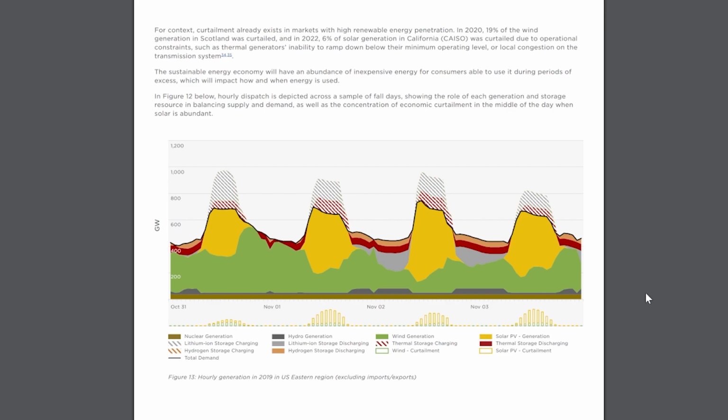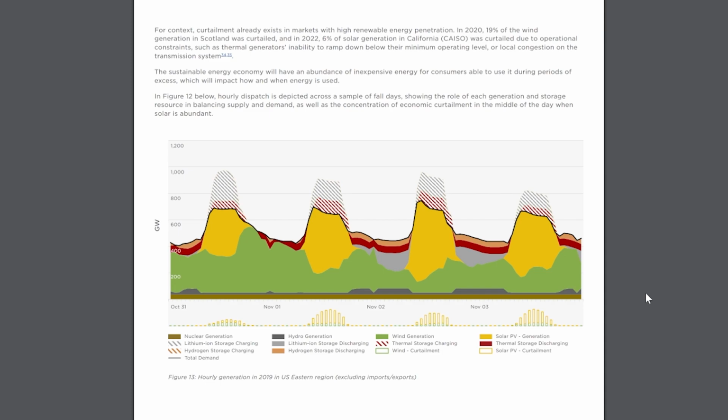Along the lines of having excess power generation, this situation actually exists already in some portions of the world. So they mention here curtailment, which is basically when you have too much energy generation, you have to shut it off because they can't make use of the power. This already exists in markets with high renewable energy penetration. In 2020, 19% of wind generation in Scotland was curtailed.